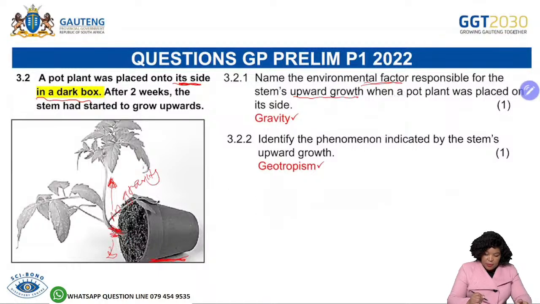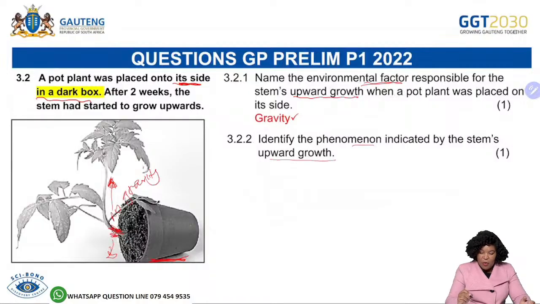It says, identify the phenomenon indicated by the stem's upward growth. You cheated there, you got the answer before, but you still need to read the question so that you can understand why that was the answer. So the phenomenon that is indicated by the stem's upward growth is known as geotropism, because gravity is at play here.